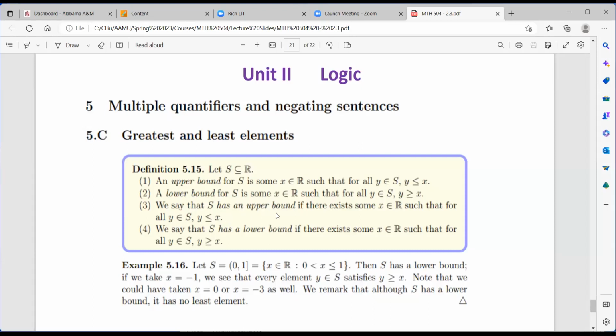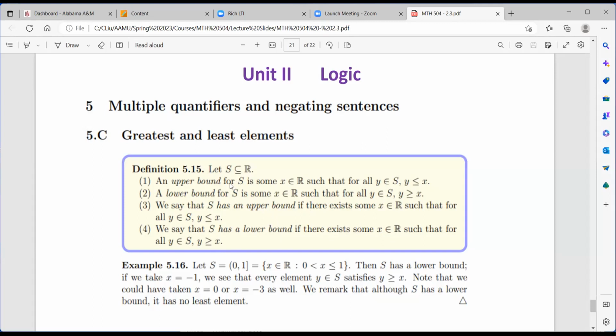Similarly, we can say S has a lower bound if there is some real number that is less than or equal to all the numbers in S, all right?